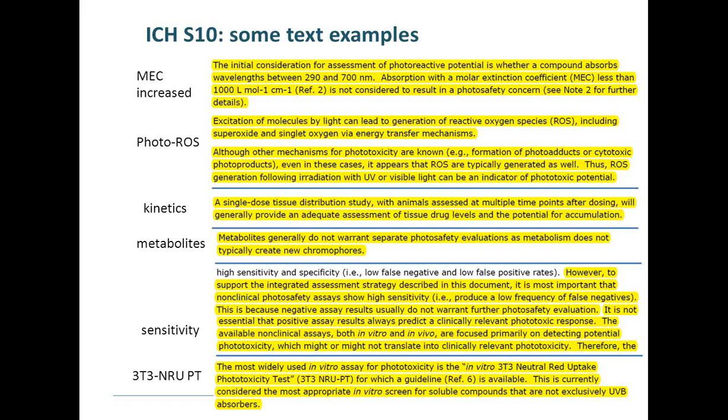It also says something which is important. Metabolites generally do not warrant separate photo safety evaluations, because we don't know any case where metabolism creates a new chromophore. So that means your metabolism can change your chromophore a bit. It may modify a phototoxic potential, but it may not generate a phototoxin.